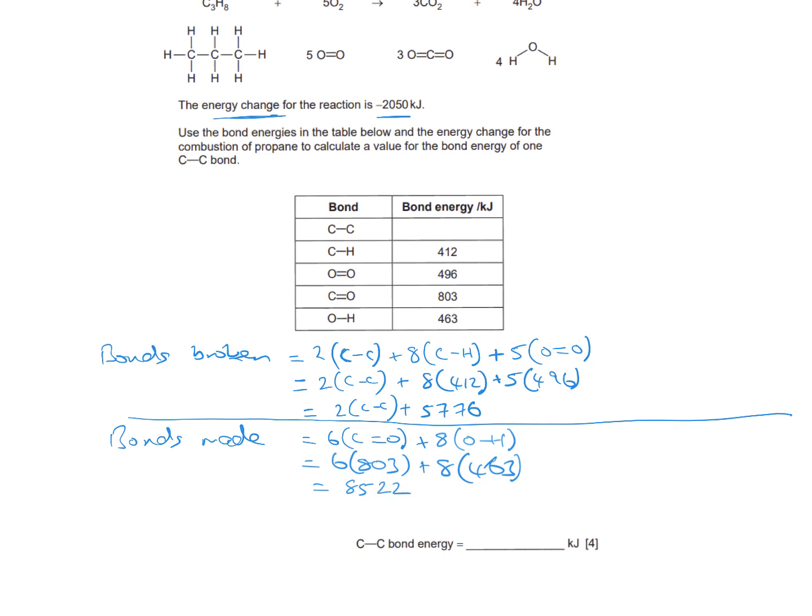Now, I'm going to make use of this energy change because minus 2050 equals, and then that's going to be bonds broken minus bonds made. So it's going to be 2 plus 5776 minus 8522.